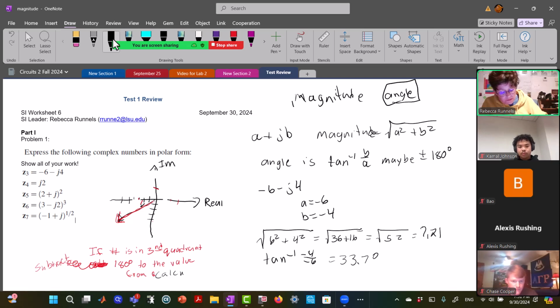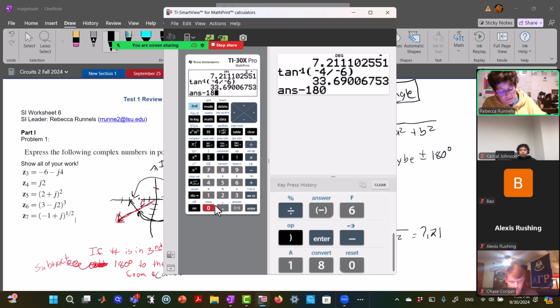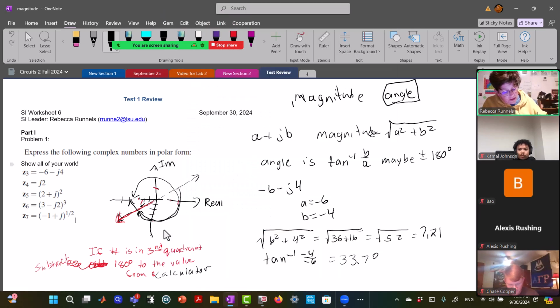And so our angles should go from 0 to a negative 180 and 0 to a positive 180. So I want to take 33.7, which is right here, and subtract 180 degrees from it. 33.7 minus 180 gets me negative 146.